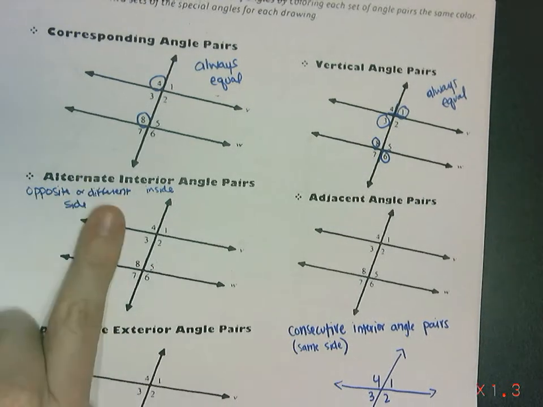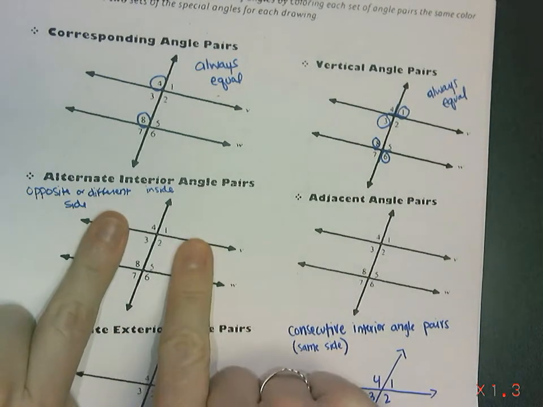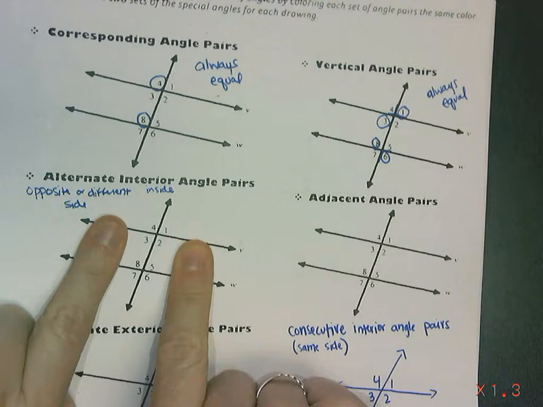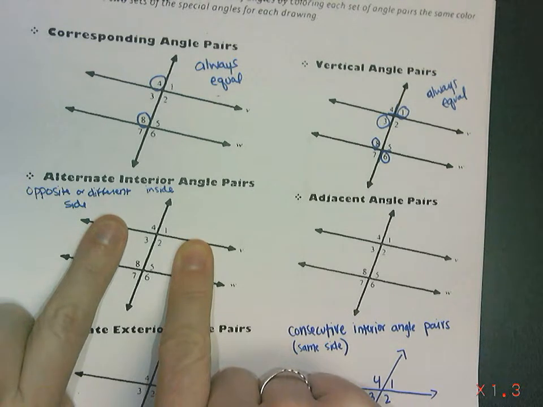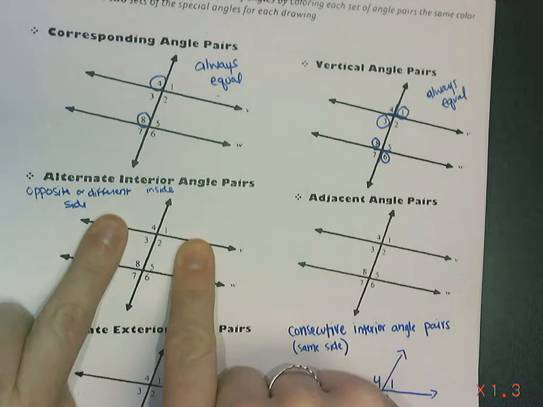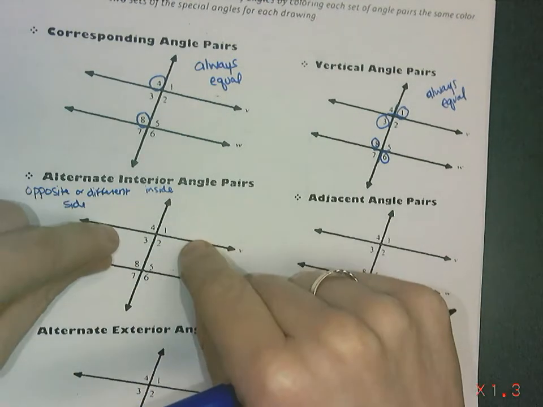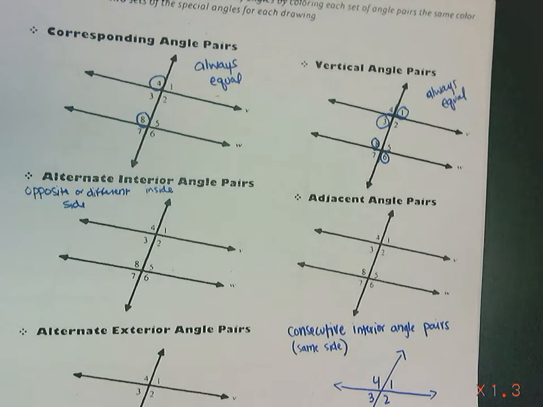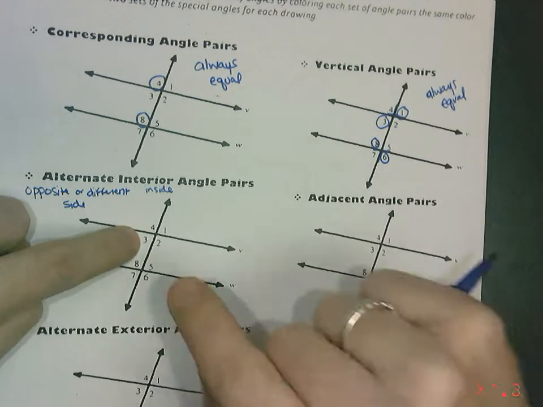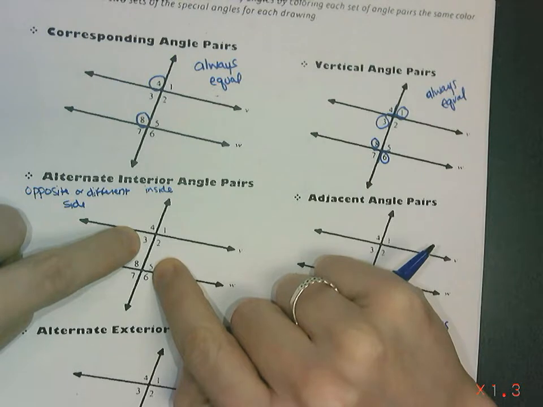Okay, so one would be on this side of the transversal and one would be on this side of the transversal. And interior means that they are inside the parallel lines. So the numbers 3, 2, 8, and 5 are inside our parallel lines. So they have to be opposite sides and inside the parallel lines.